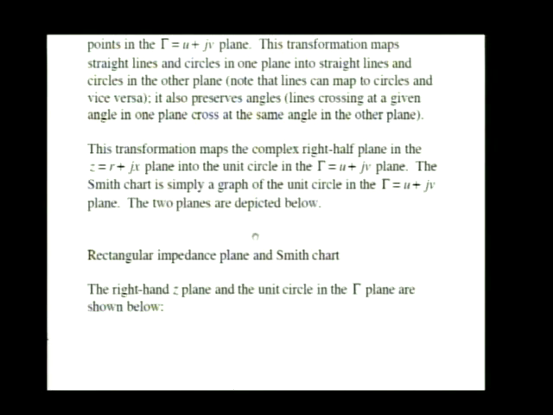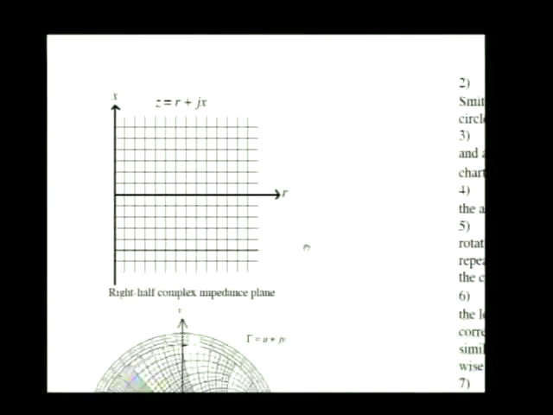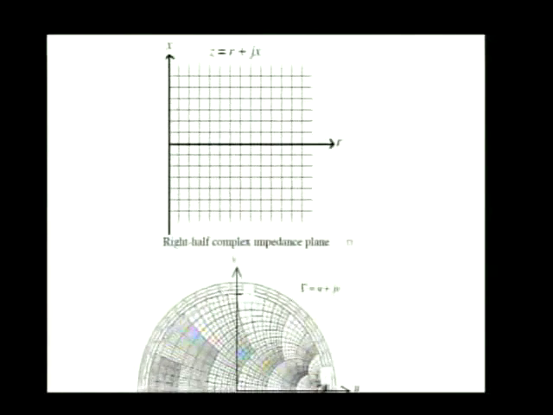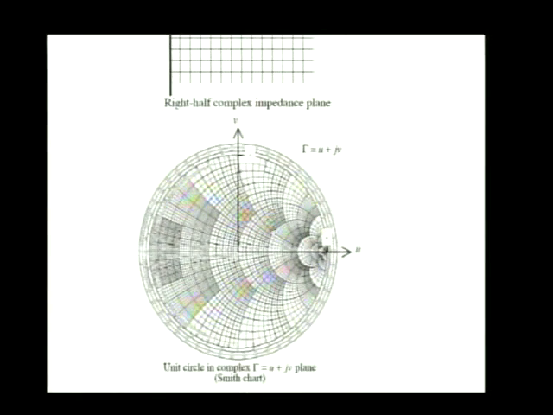And there they are. There's the right half impedance plane. And there's the Smith chart, complete with the U and V axes being drawn in here. This drawing didn't end up so awful great. That should be a 1 here, and that should be a 1 here, indicating that this is the unit circle in the gamma plane.